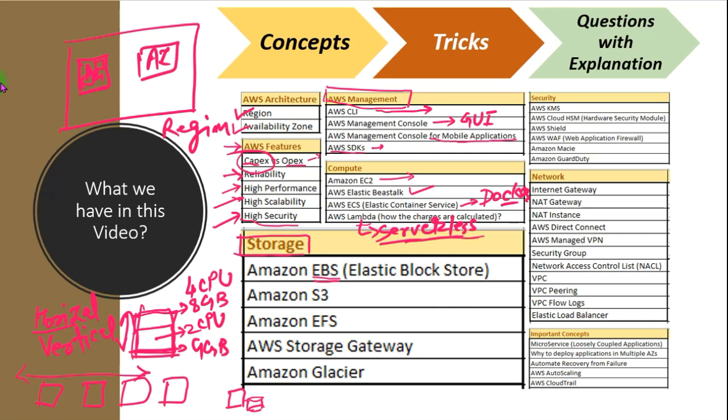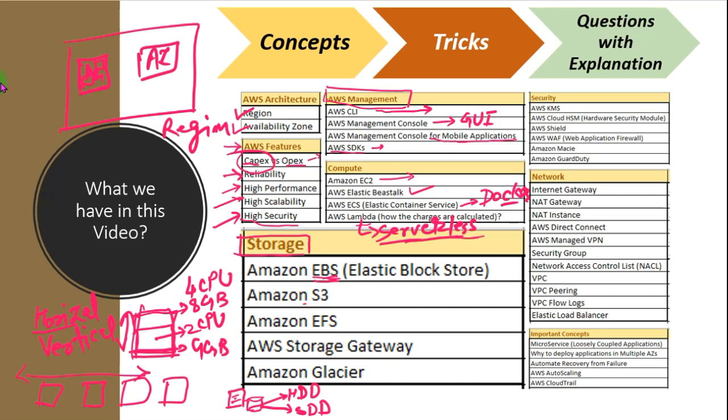This type of storage which is attached to our instance is known as Elastic Block Store. It is very high performance, and we can configure two types: either HDD like in our laptop or PC, or SSD type. We'll talk in detail while we go through the questions.